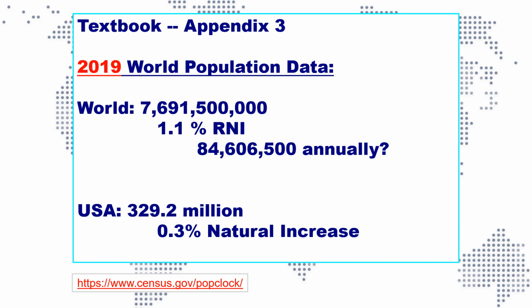See, we're not even at 1.1%. We're at 0.3% of our births minus our deaths. Our immigration rate is greater than our natural increase rate. And probably when we look at the last census data, you're going to have more than 330 million. All right, so those are some comparable numbers.